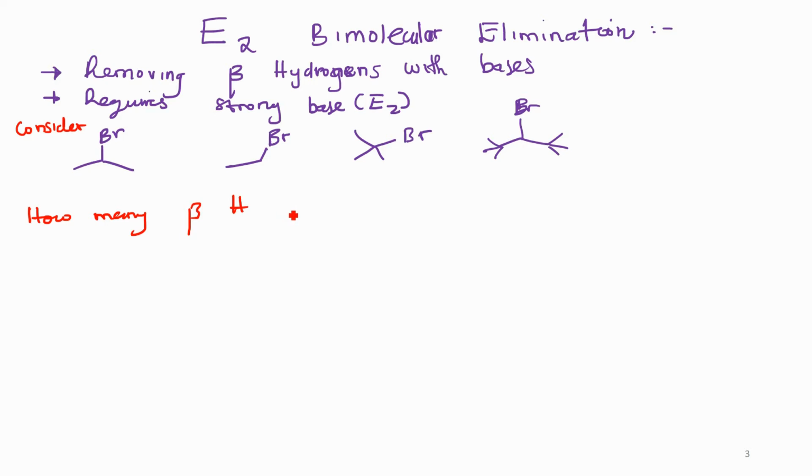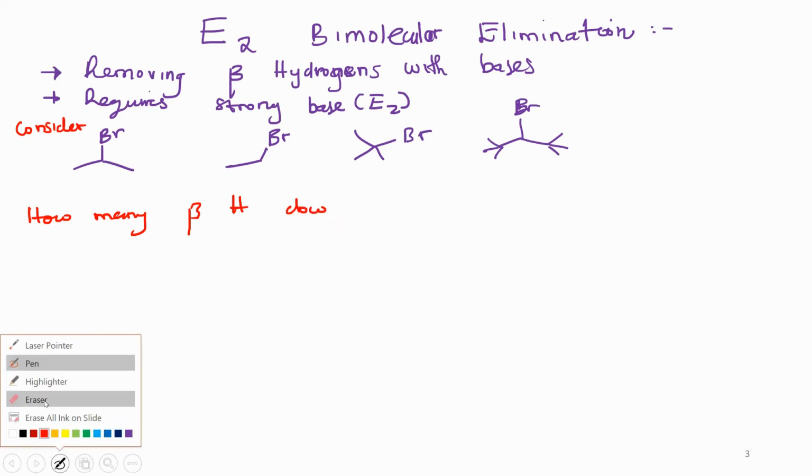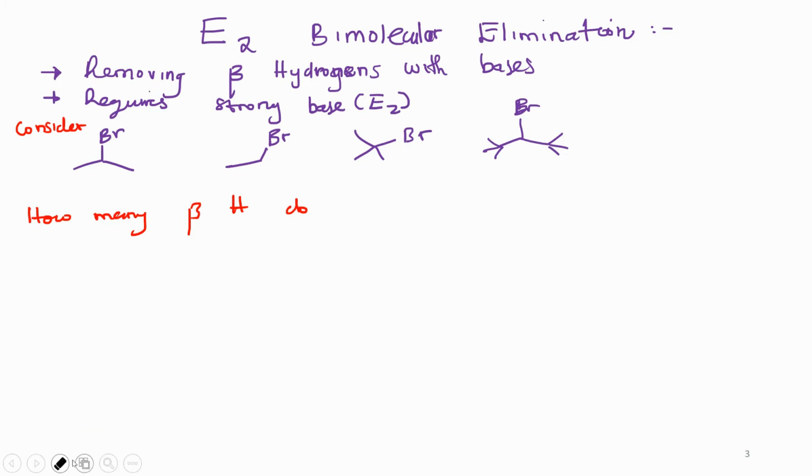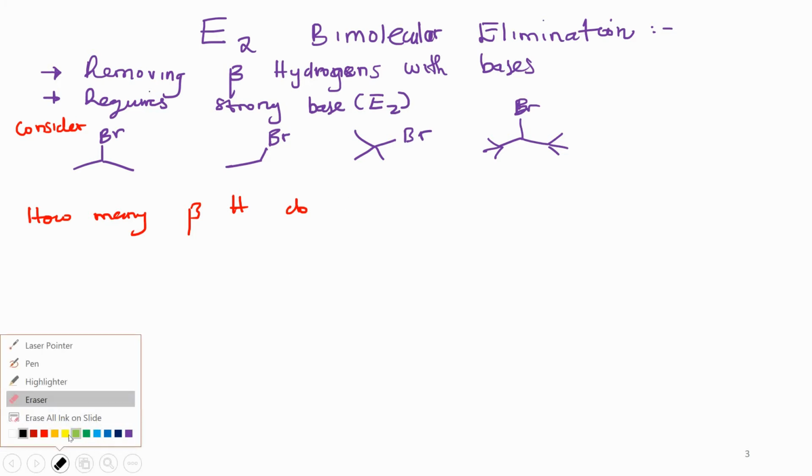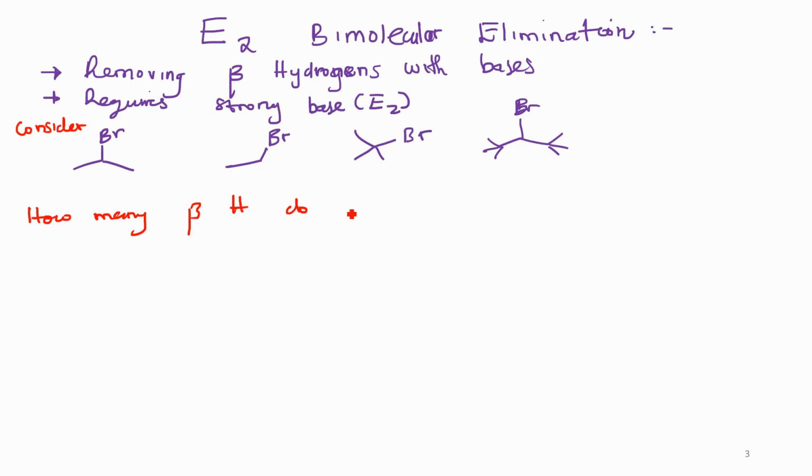How many beta hydrogens do we have? Unmute your mic and let's start on molecule number 1. How many beta hydrogens do we have? 6. 1. Okay, on this one, I've had 2 answers, 6 and 1.